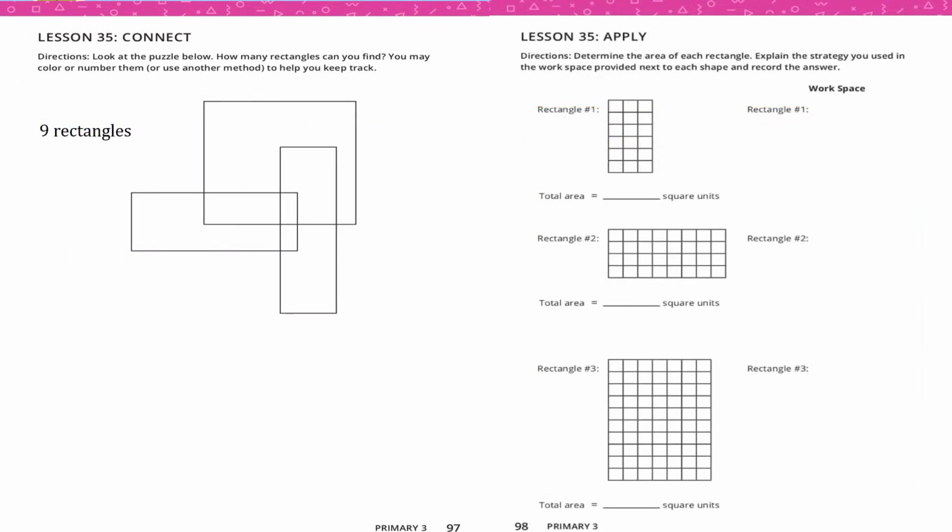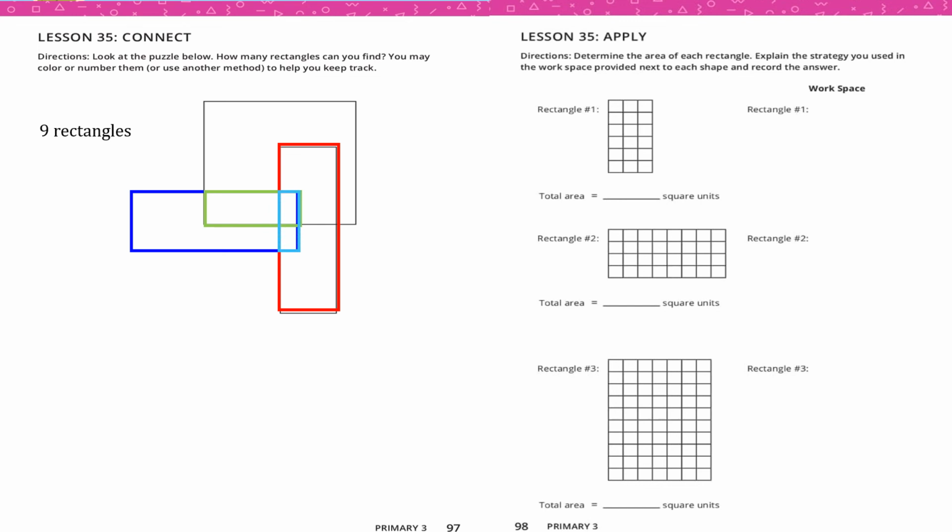Lesson 35. Look at the puzzle below. How many rectangles can you find? How many colors, or number of them? Let's find our rectangles. The first one here in blue, the second in red, third in green, like this.